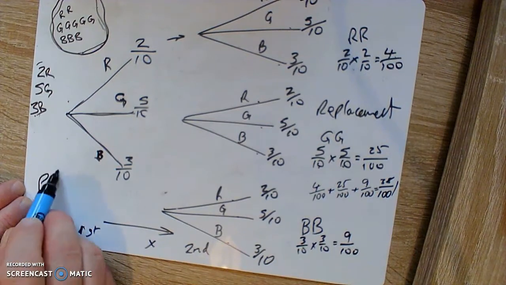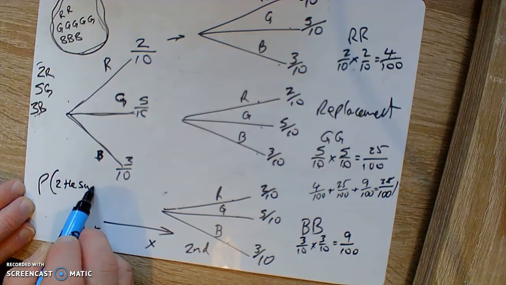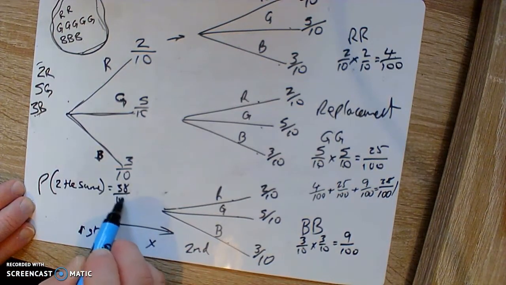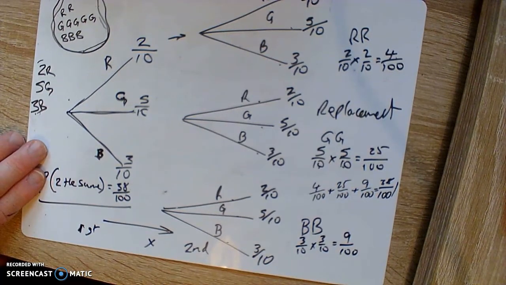So the probability of getting 2 the same would equal 38 out of 100. Now I could simplify this, but I don't need to on this particular equation. I can leave it as 38 out of 100.